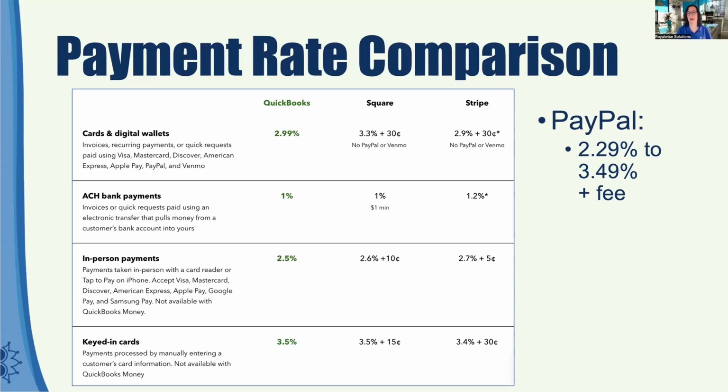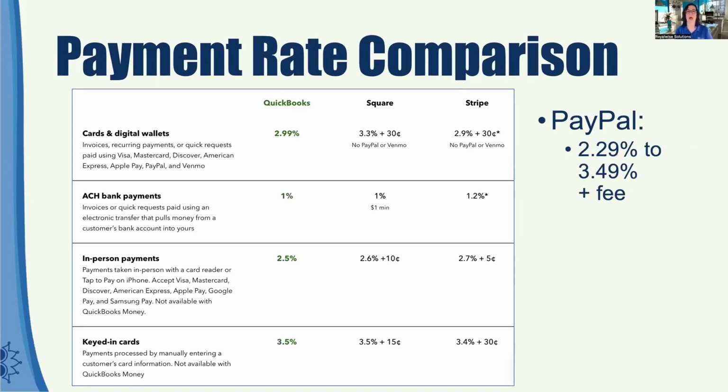I added PayPal as well, although I didn't take the time to do the PayPal comparisons at each level. PayPal just varied from 2.29 to 3.49 plus a transaction fee, so you can just get a feel for it. So basically taking it from the top, we have QuickBooks Payments, Square Payments, and Stripe.